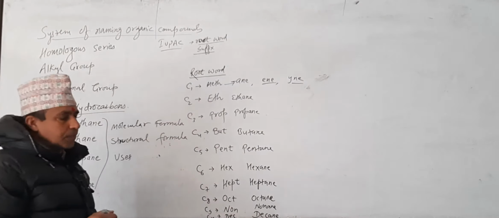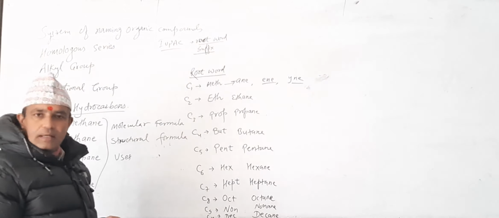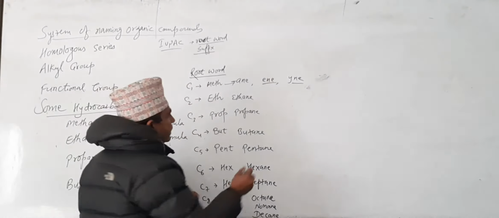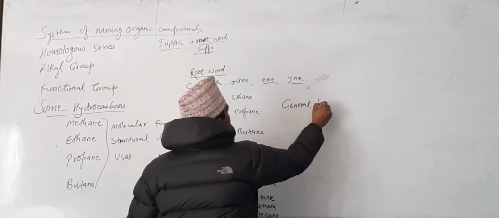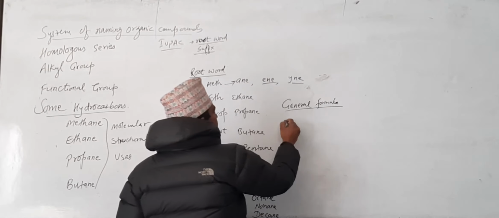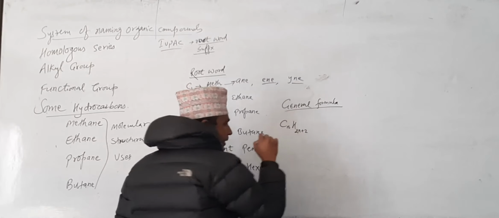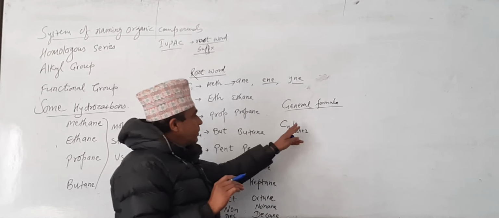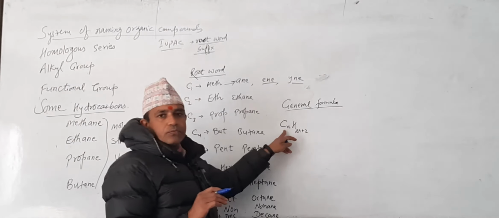But how to know whether that is alkane or not? Any idea? We have to remember the general formula. Students, could you remember the general formula of alkane? CnH2n+2. Just compare the number of hydrogen and number of carbon.